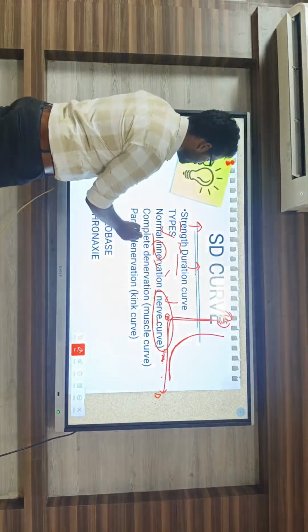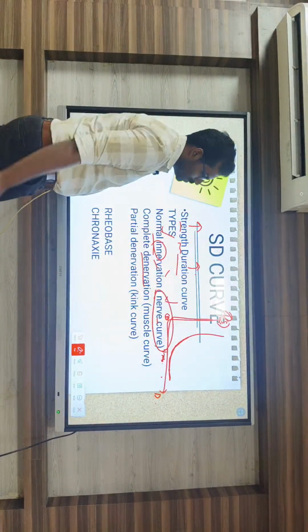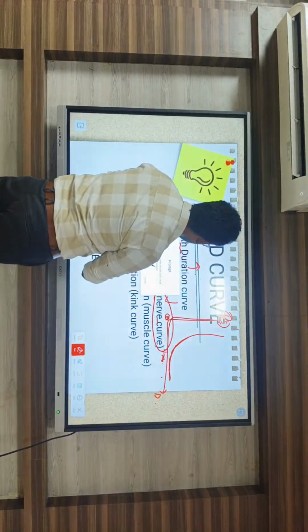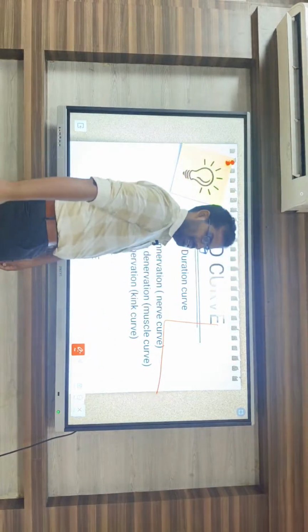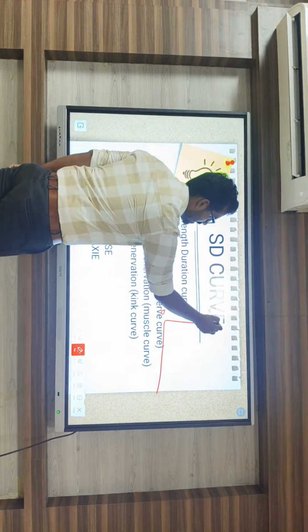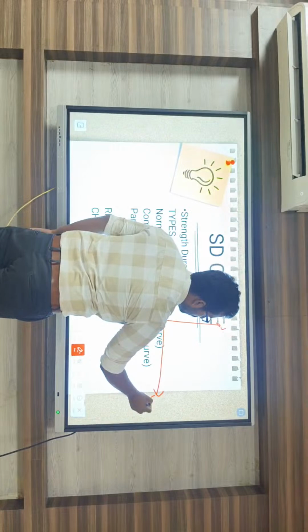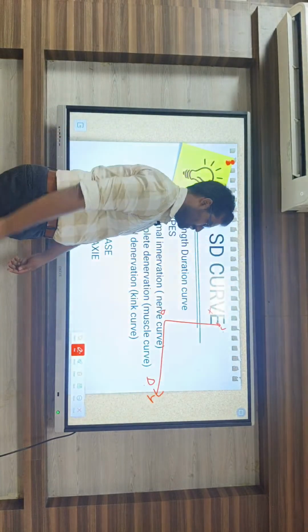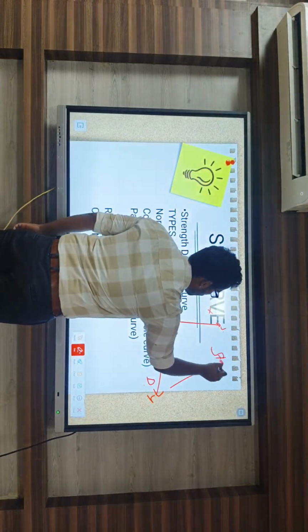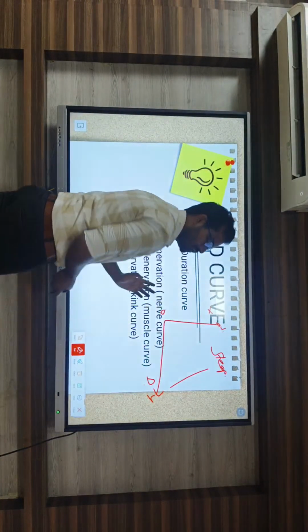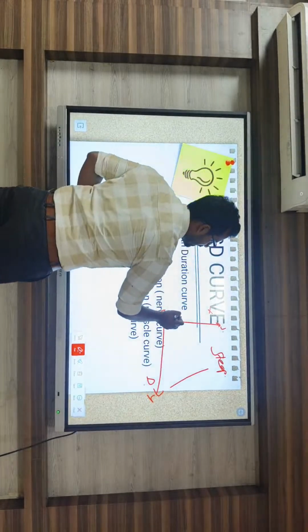So next one is complete denervation. Complete denervation means there is no proper nerve supply over the muscle. This is the x-axis, strength, and this is the y-axis, duration. So the curve looks steep and is totally shifted to the right side of the graph.